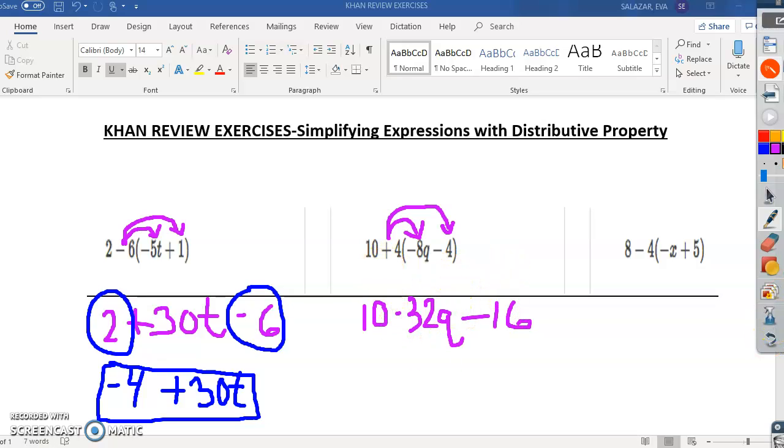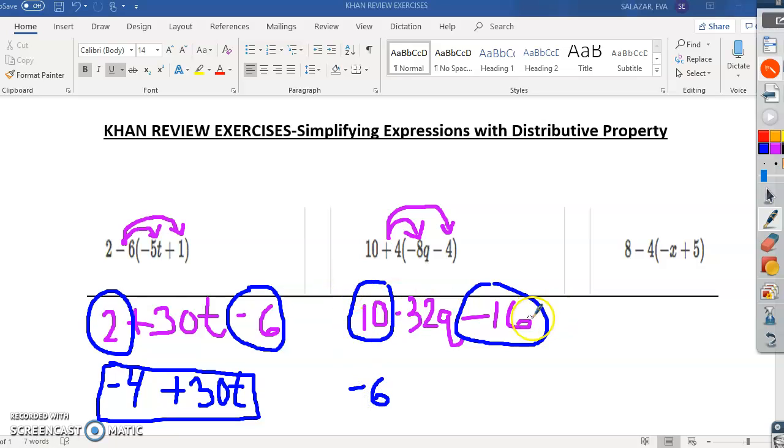And now I'm going to combine like terms. So my like terms here are 10 and minus 16. 10 minus 16, and we're going to have negative 6.